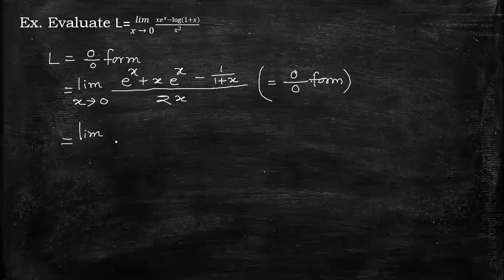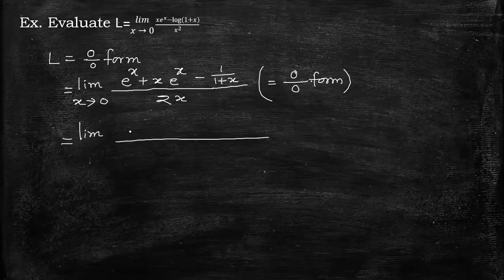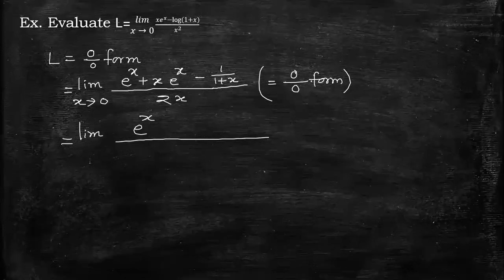Limit of e to the power x, derivative of e to the power x is e to the power x. And in the previous step we have seen the derivative of x into e to the power x is e to the power x plus x into e to the power x. So I will say 2 times e to the power x plus x into e to the power x.